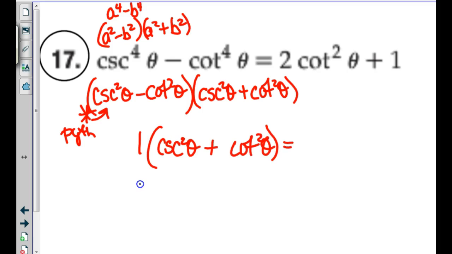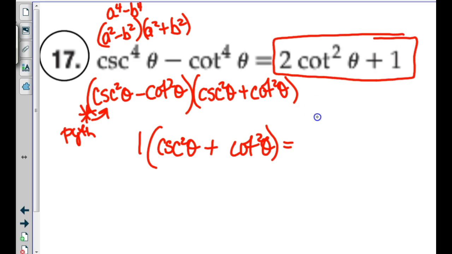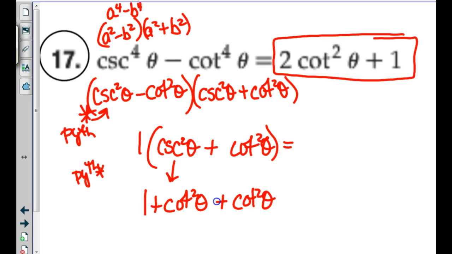Okay. What word do I not want anymore according to this? I don't want a cosecant anymore. What can I trade a cosecant squared for according to our sheets? Another trade. Cosecant squared is? It's right on your sheet. What does it say? Cosecant squared is 1 plus cotangent squared.